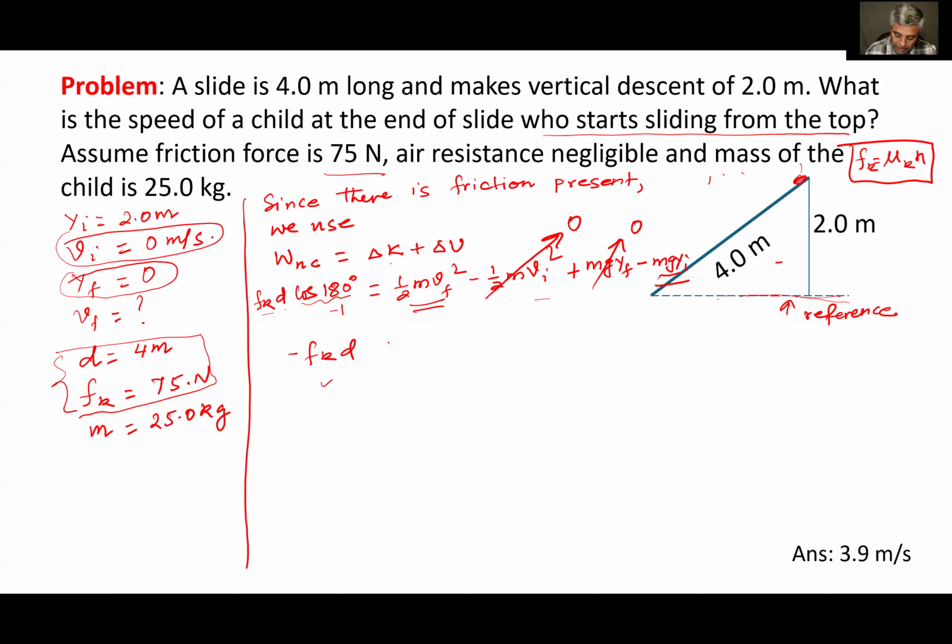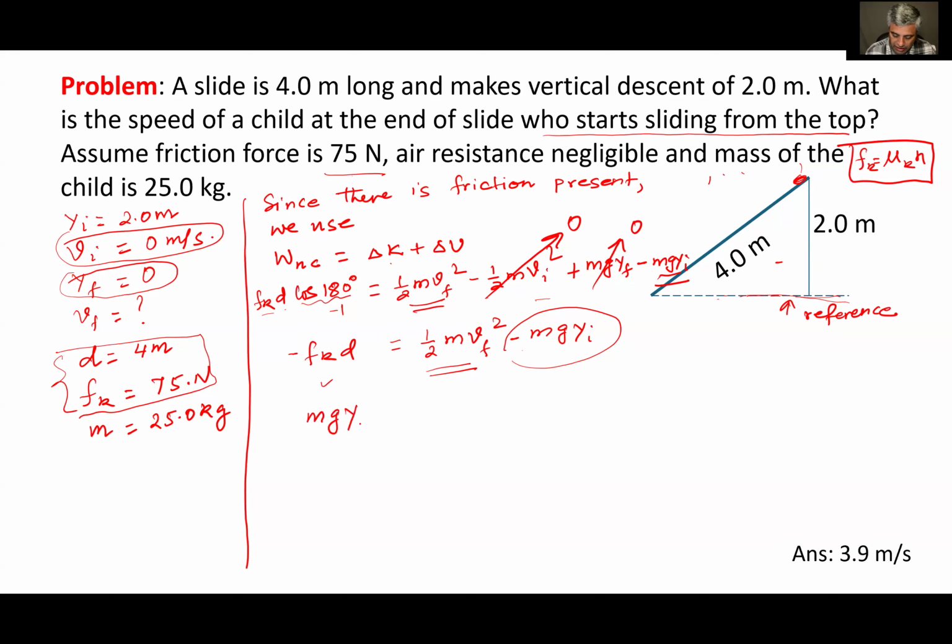And then on this side, we have half m v_f squared minus m g y_i. So we are solving for v_f, and that's what we are looking for, right? So to find v_f, we need to solve for this one. So we want to move this to this side. Since this is negative, it becomes positive on that side.